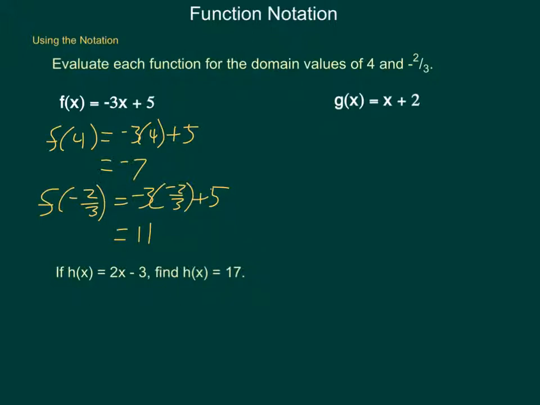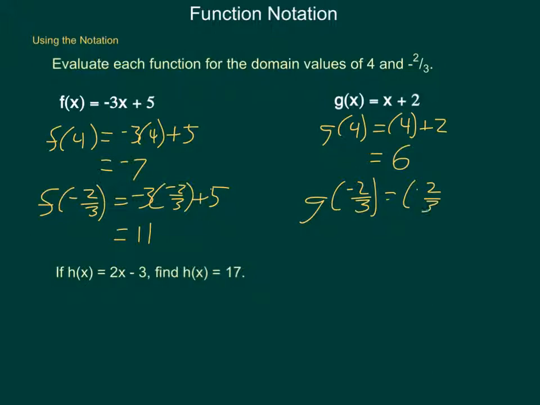g of x equals x plus 2. So let's run g of 4. That becomes 4 plus 2, which is simply 6. If I go g of the negative 2/3, then I get a negative 2/3 plus 2. 2 minus 2/3 would be 1 and 1/3.